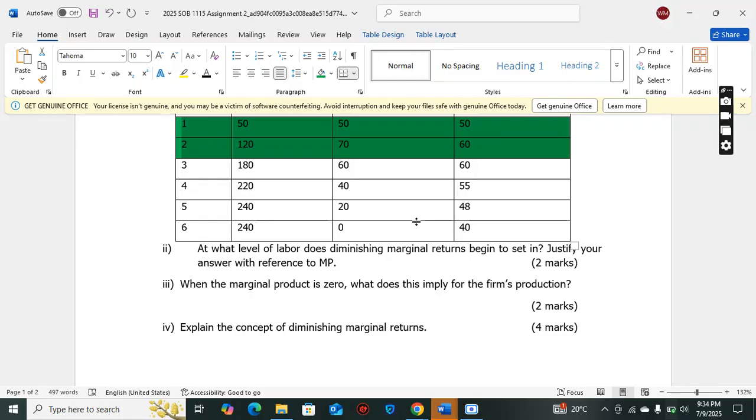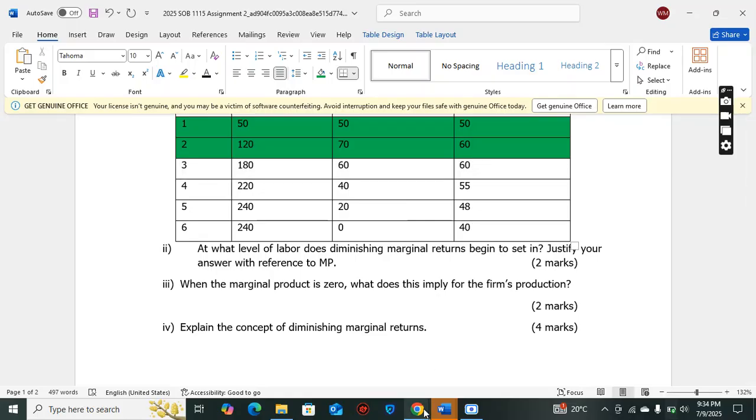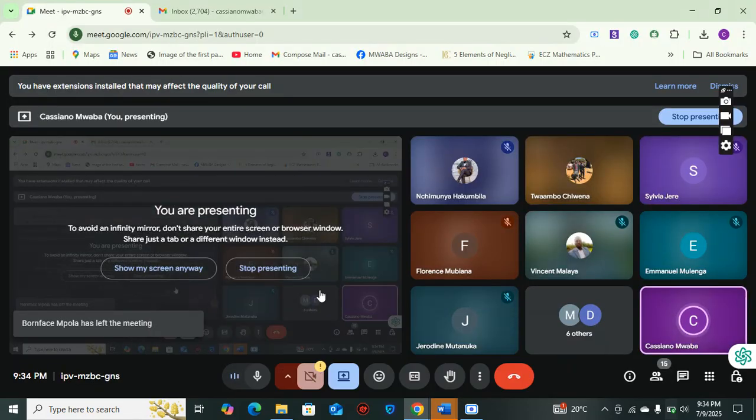So yes, basically you're saying that's where it begins, right? The diminishing. Yes, that is correct. Diminishing marginal returns always begins once the marginal product starts to reduce.